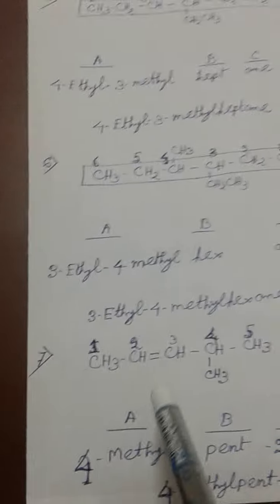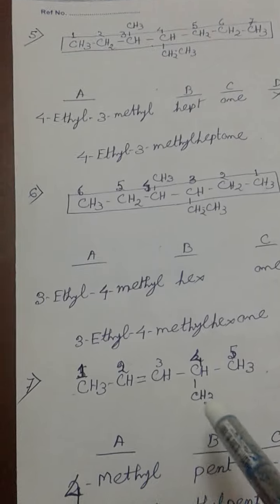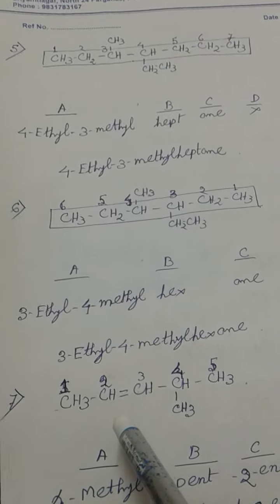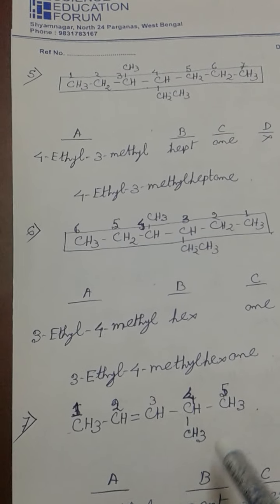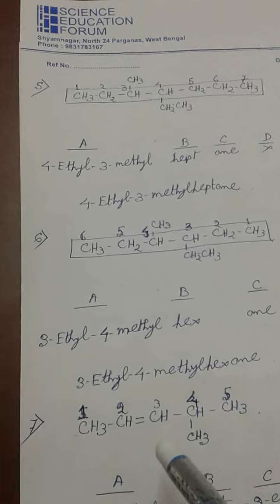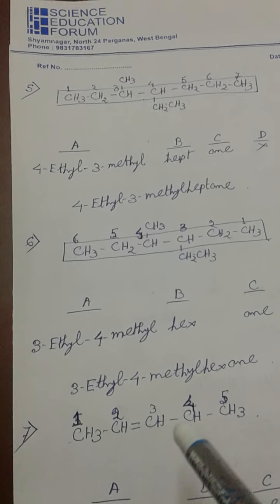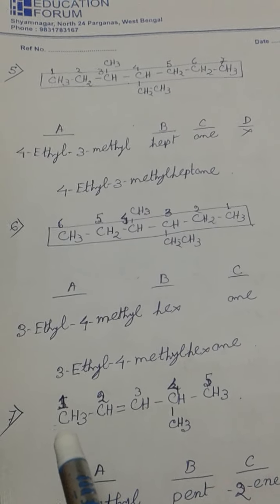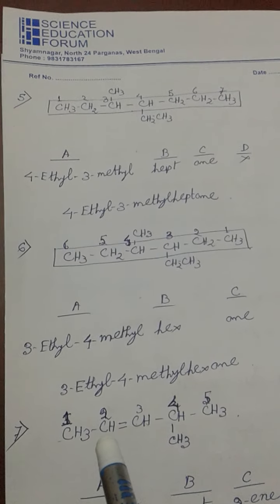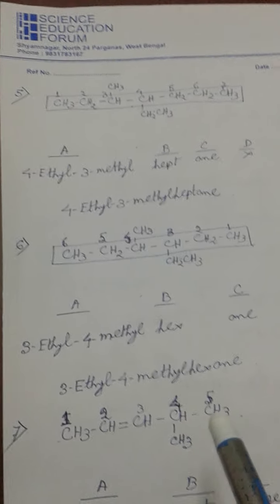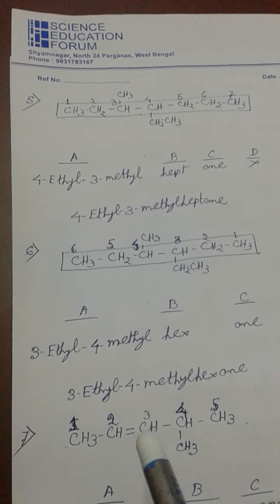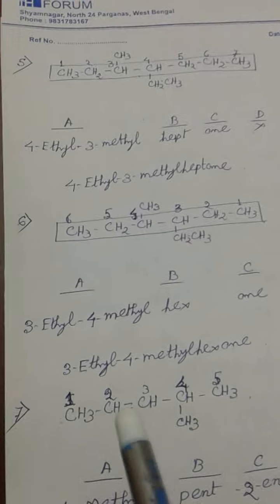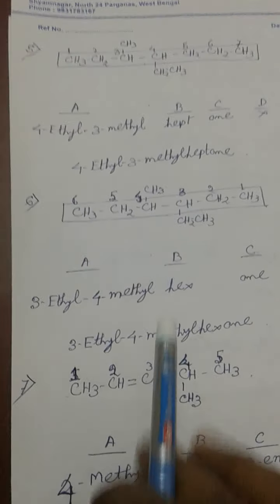Now I write another example with a double bond and a side chain. Here, if a double bond or triple bond is present, then the double bond or triple bond takes precedence over the side chain, that is, the side chain does not get the priority. So we must start from the left side, where the double bond gets the minimum locant, that is 2. If I start from the right side, then the double bond gets 1 2 3, that is not right, so I start from the left side.